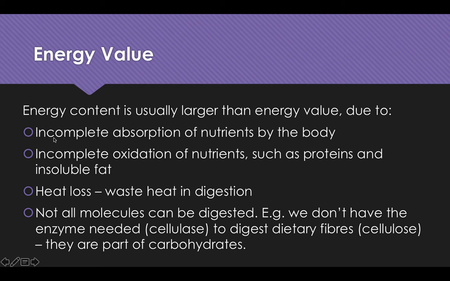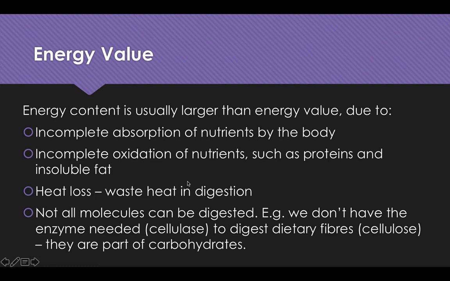If you break it down, you'll see that our body doesn't really absorb all the nutrients that come from every single food. Sometimes the food is not completely oxidized, for example proteins or some insoluble fats. During digestion, there will be heat loss.